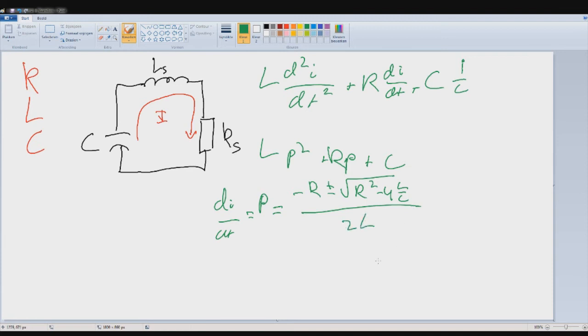Like this. Because this is 1 over C. And you can maybe already see what happens when this number gets filled in. Let's say that we have 1/24.